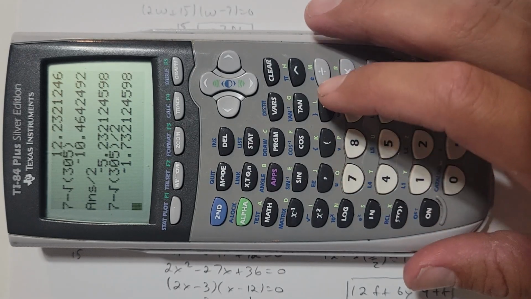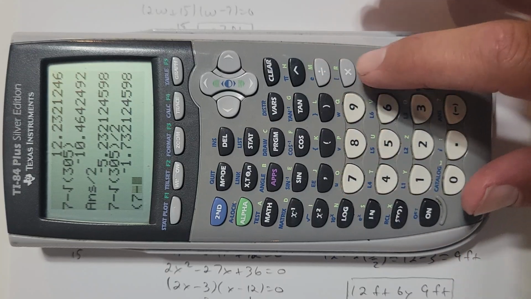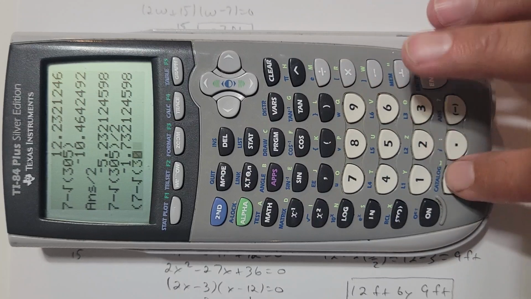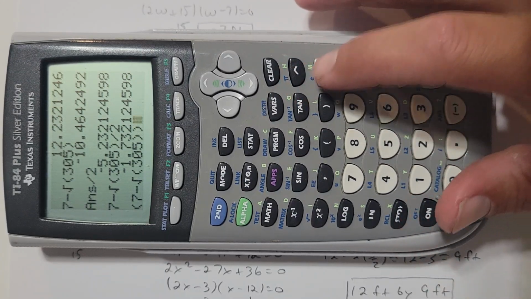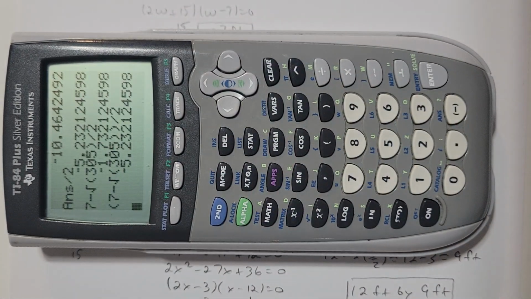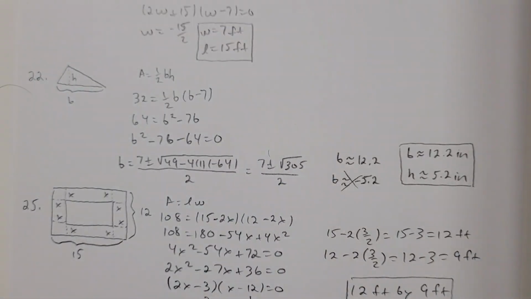So if I do parentheses, 7 minus the square root of 305, parentheses, divided by 2, there, that's the same result that I was getting. That way your calculator knows to divide by 2 at the very end there, okay?